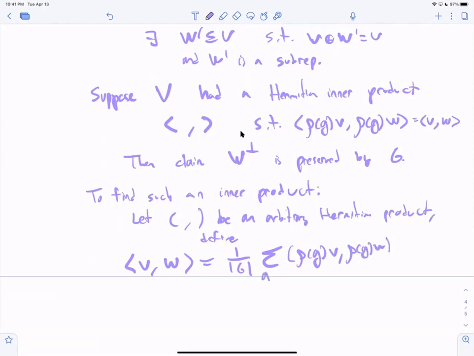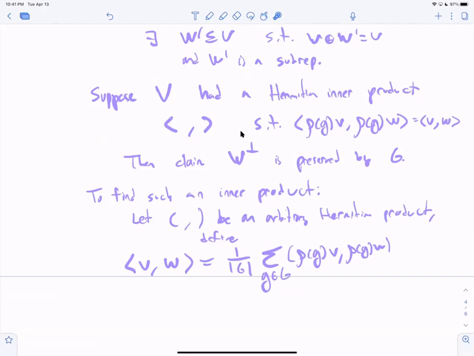So the bracket inner product of the two things is the parentheses inner product averaged over the whole simultaneous orbit of v and w.